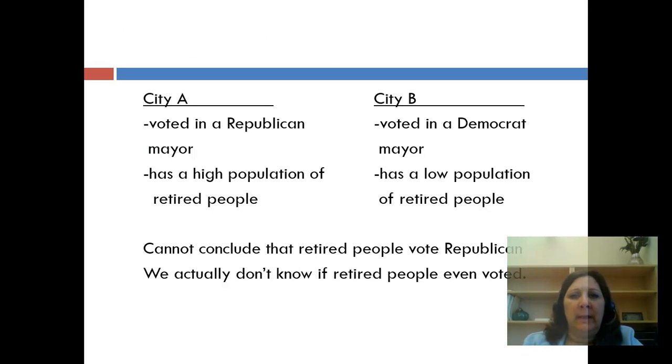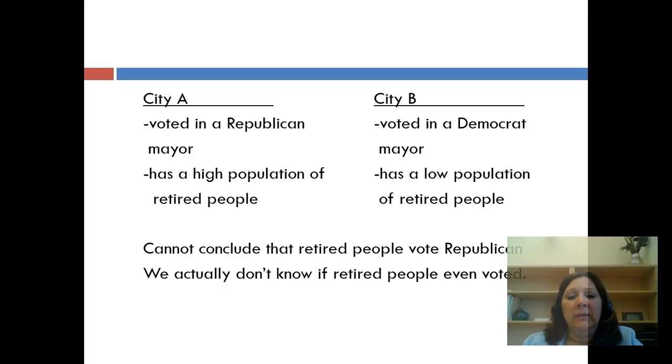Okay, here's another example. City A voted in a Republican mayor. They also have a high population of retired people. City B voted in a Democrat mayor, and they have a low population of retired people. Once again, these are two different cities, so they're group observations.